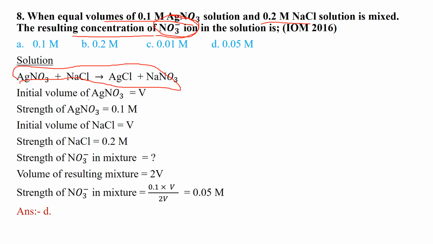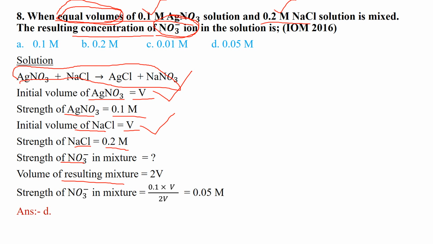Let the initial volume of silver nitrate be B, and the strength of silver nitrate is given as 0.1 molar, and the initial volume of sodium chloride will be B. This is an assumption, because volume has not been given, but the question clearly told about equal volumes of silver nitrate and sodium chloride. Then the strength of sodium chloride will be 0.2 molar. Then we have to calculate the strength of nitrate ion in the mixture.